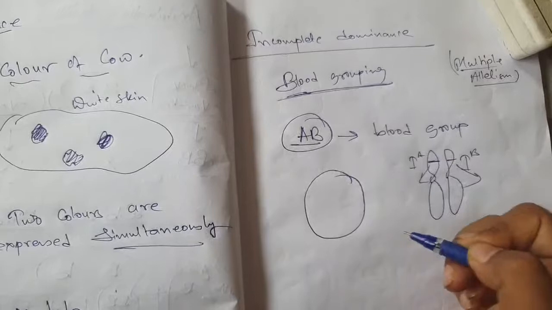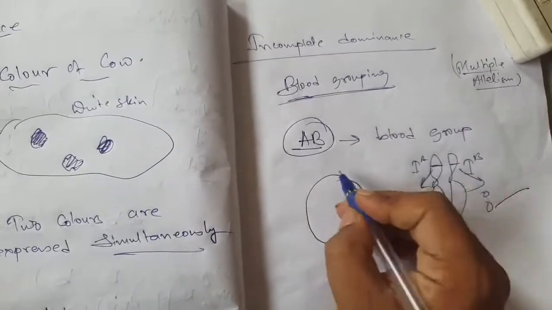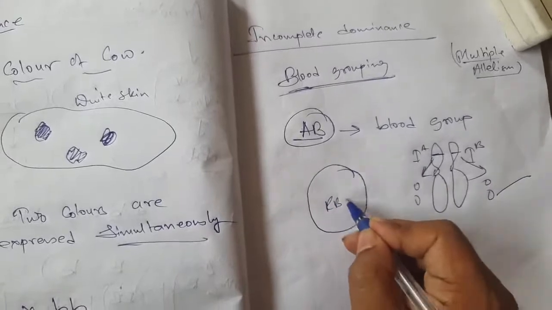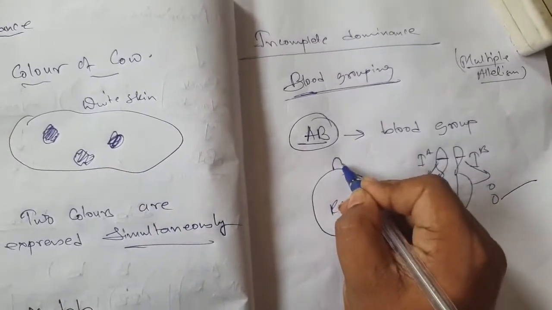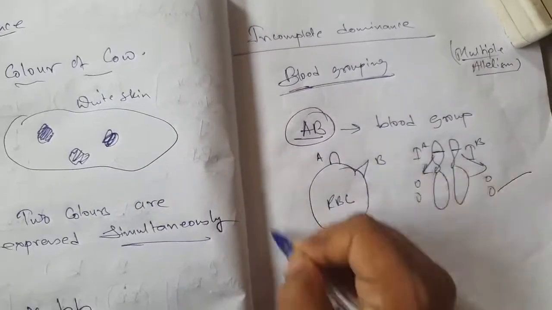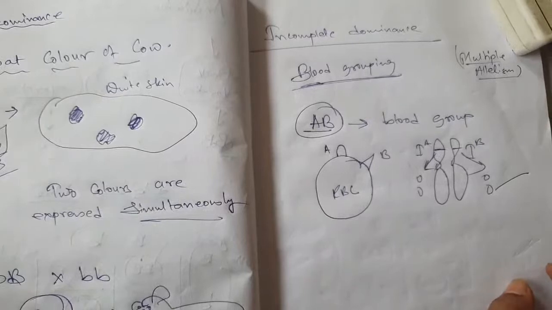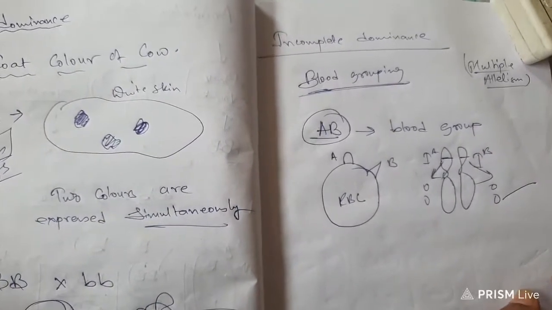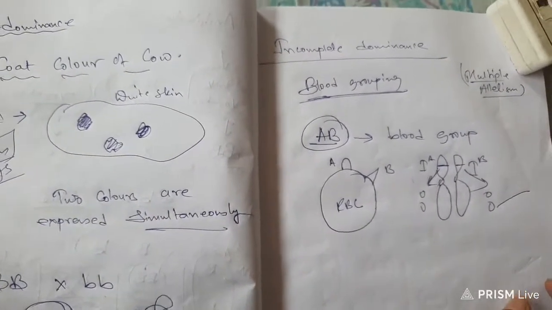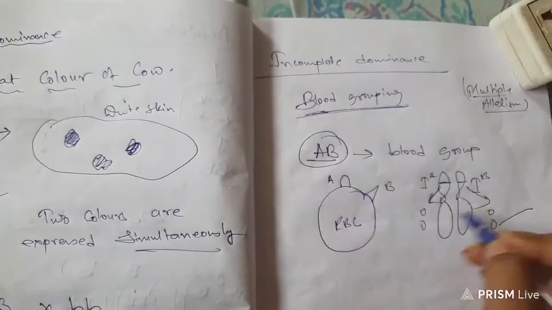Both are expressing the proteins, and both will be expressed. So the RBC will have both the antigens on its top, the A antigen and the B antigen, both embedded in its cell membrane, because both are showing.